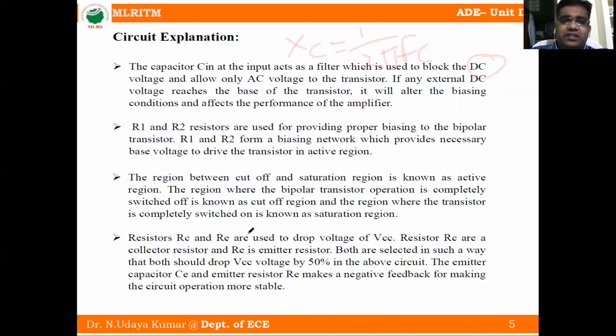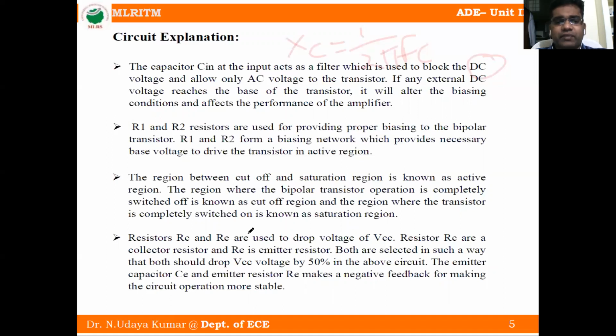Resistors RC and RE are used to drop the VCC voltage. RC is the collector resistor and RE is the emitter resistor. Both are selected in such a way that together they drop VCC voltage by 50% in the above circuit.